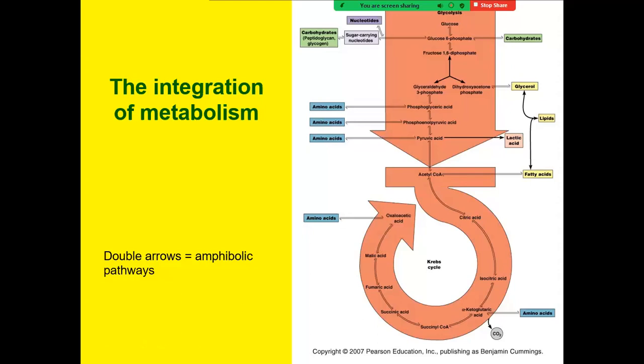However, if we eat a high-fat diet and we don't need ATP, your body will go this way, reverse. The 2 carbon units of the fatty acid will be combined with the glycerol, and then this molecule goes backwards. Like I said, this is a double line right there.